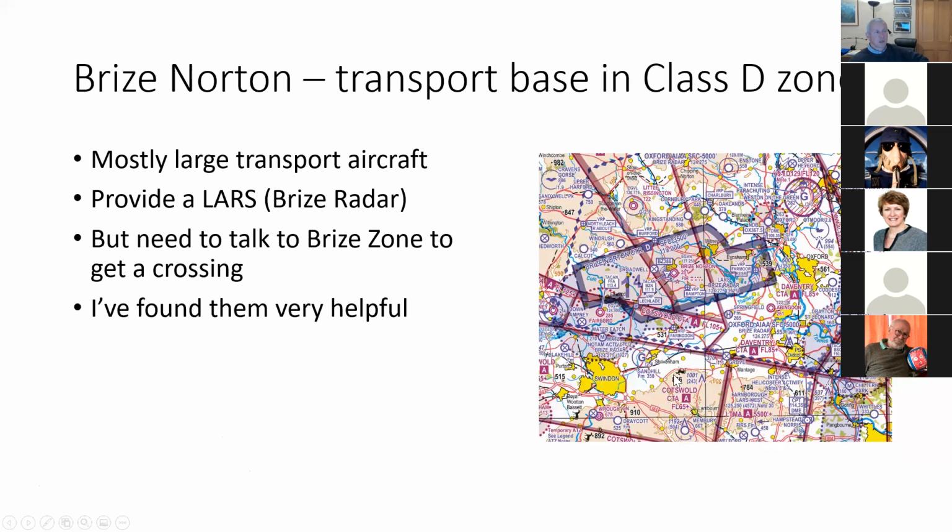Not hugely useful as a glider pilot. If you want to get a crossing, you need to talk to Brize Zone. And I've been up through the eastern part of this quite often, and they've always been very helpful. It's never been a problem to get a controlled airspace crossing. But you can't guarantee it.